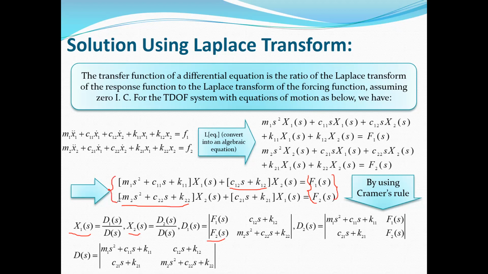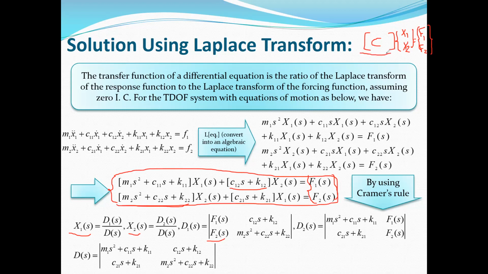If you write this system of equations in matrix form, you will have a matrix, for example matrix C, multiplied by X1 and X2, just to remind you of Cramer's rule, and it's equal to F1 and F2. These are the two equations in matrix form.